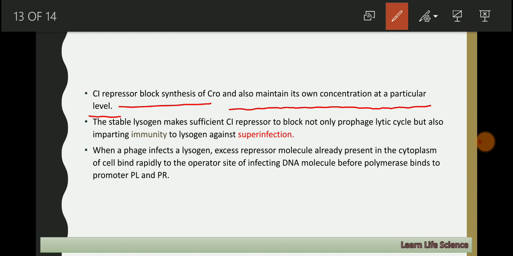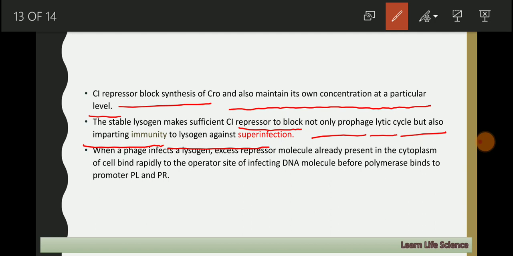The stable lysogen makes sufficient C1 repressor to block not only the prophage lytic cycle but also imparts immunity to the lysogen against superinfection. What is mentioned here is that C1 repressor is involved in the lysogenic pathway, which means it is going to keep the lambda phage DNA in integrated form with the genomic DNA of the host cell. Okay, and it is also going to impart immunity against superinfection, which means it is going to prevent infection of the lysogen with another lambda bacteriophage.